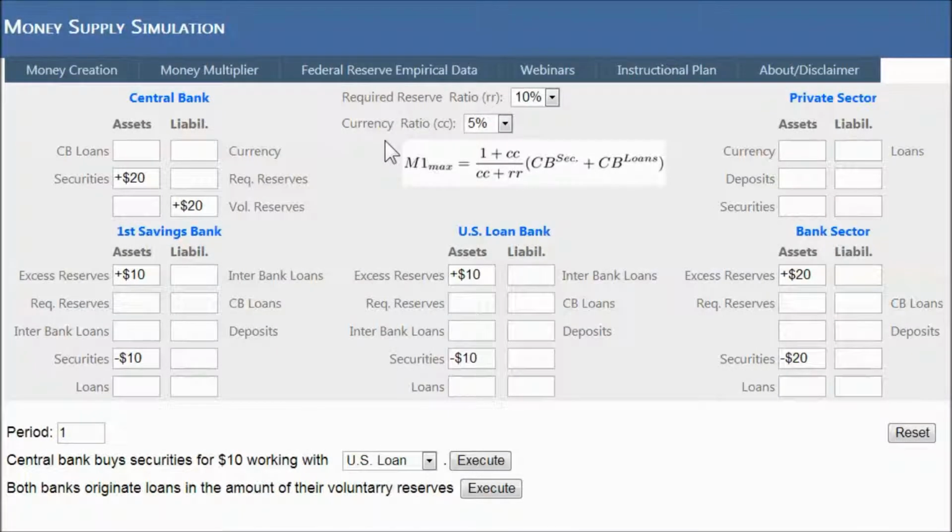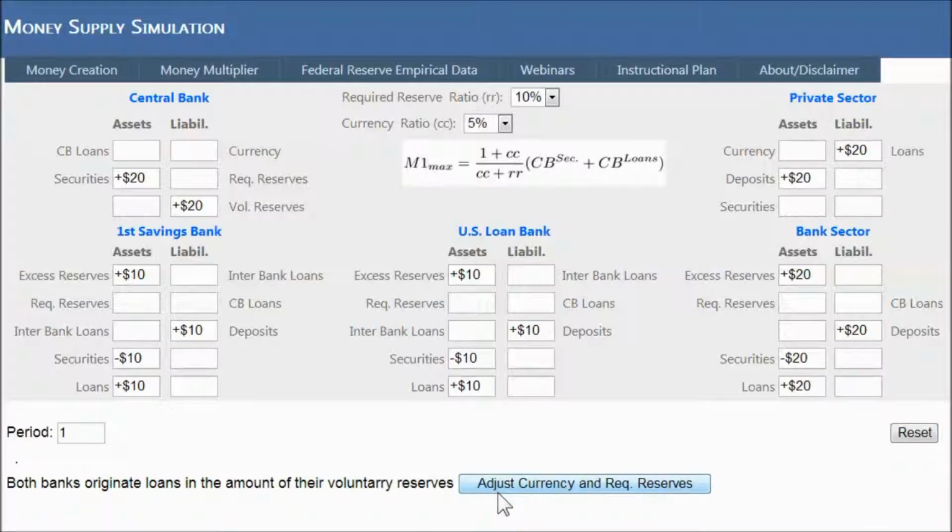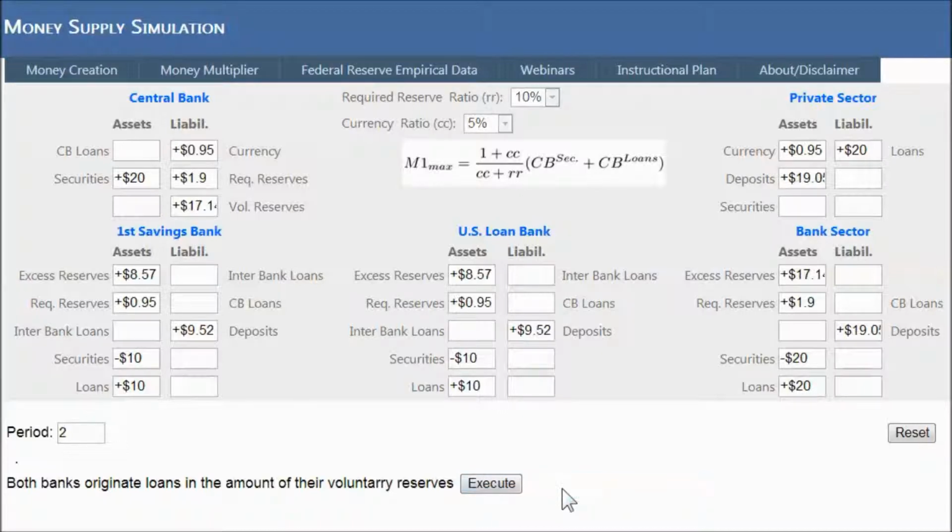The simulation goes step by step, period by period. It assumes that banks originate loans that are equal to their excess reserves, 10 in that case. Then the simulation adjusts the currency withdrawals and required reserves, here 0.95 required reserves for 9.52 deposits, and in total the customers have withdrawn approximately $1.